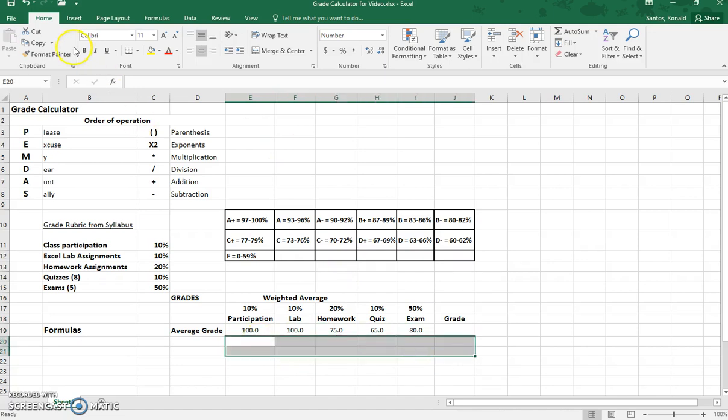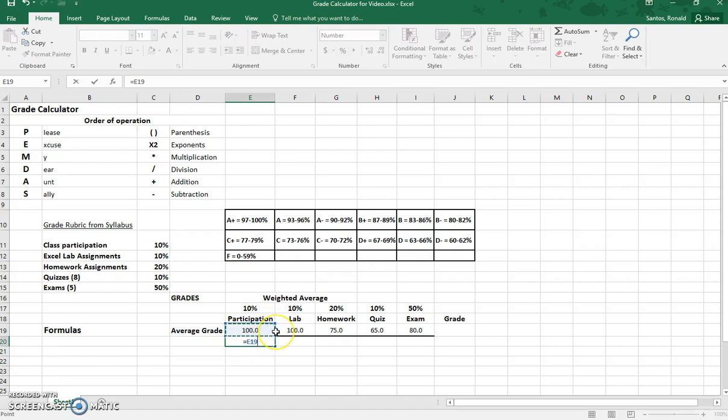In raw points, your grade will equal your 100 class participation, or 100%, times, it's worth 10% of your grade, enter, and you'll see you get 10 raw points.